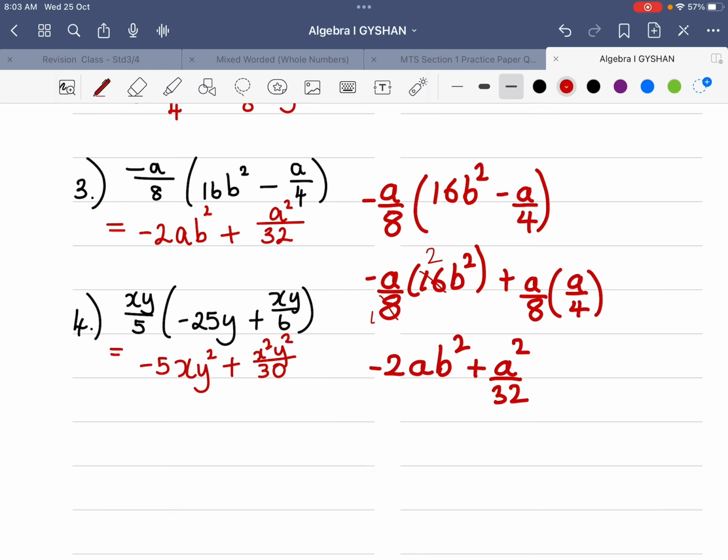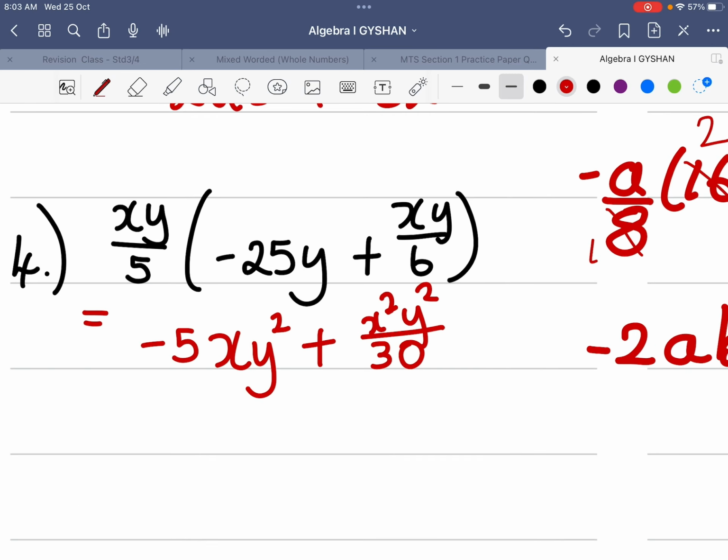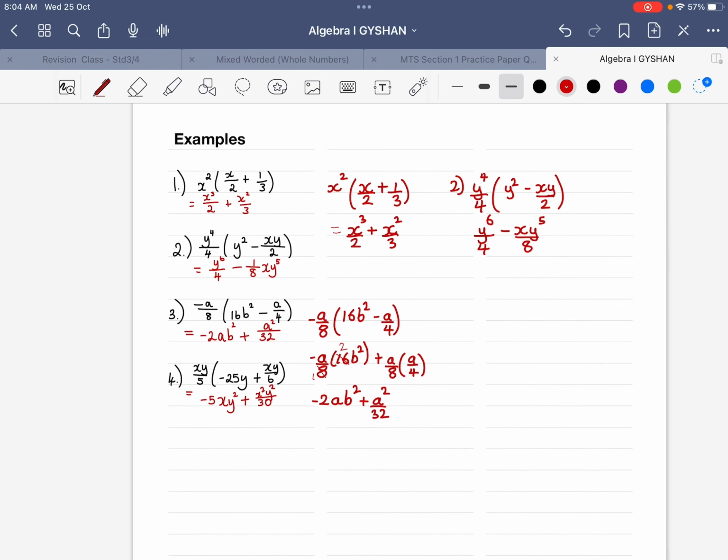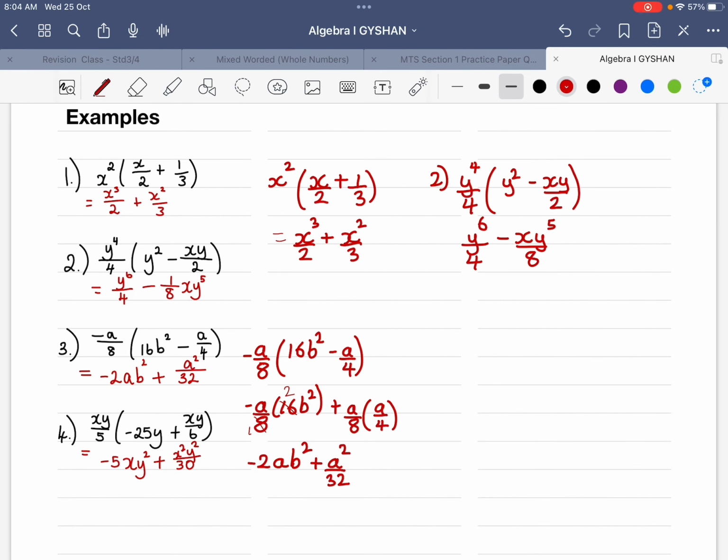And the last one, I'll leave you to do on your own, and then you can check the answer. So once you have taken this down, we will try some questions.